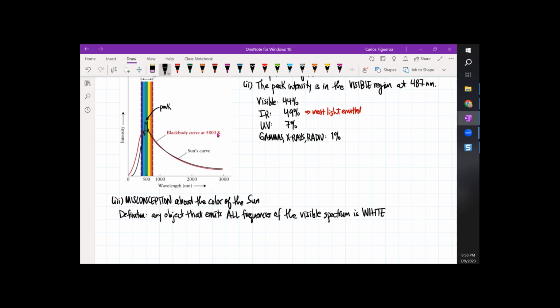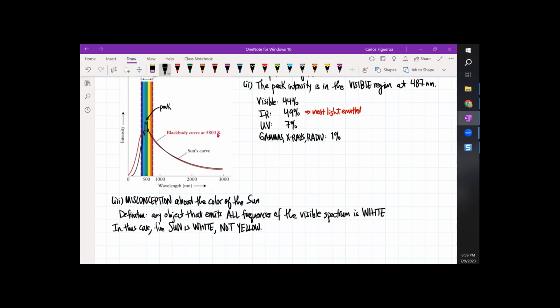Any object that emits all frequencies of the visible spectrum is white. Look at the spectrum of the sun. You could see violet all the way to red are produced in equal amounts. So in this case, the sun is white, not yellow.